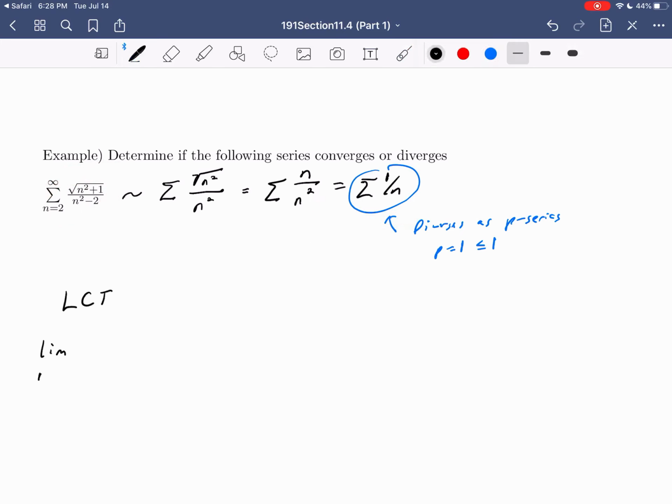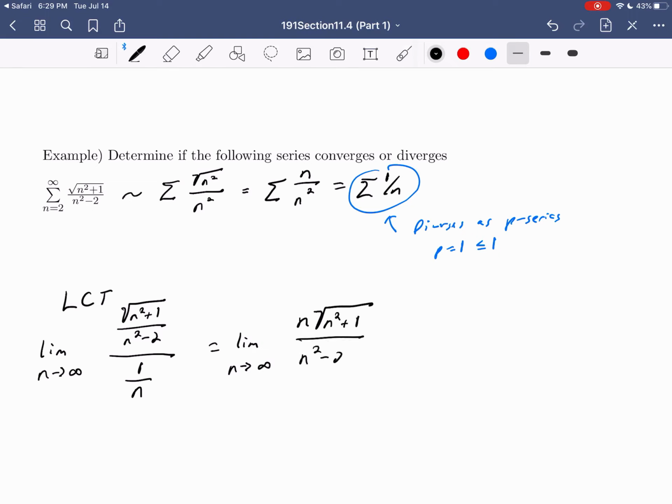We'll do our limit as n goes to infinity of the square root of n squared plus 1 over n squared minus 2, divided by 1 over n. Okay, let's flip this n up top, and we get the limit as n goes to infinity of n times the square root of n squared plus 1 over n squared minus 2.